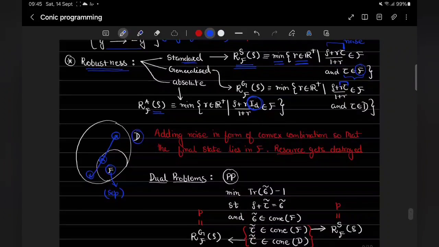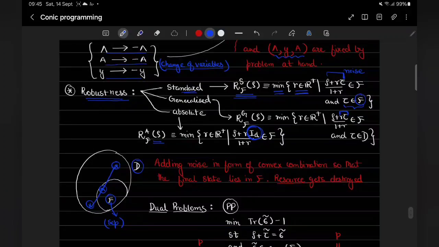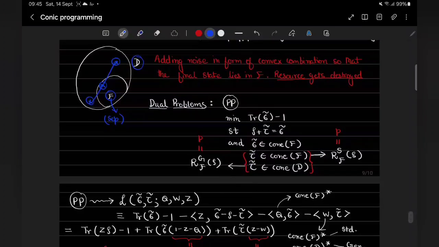The way to frame it is, we take this constraint, this convex combination, and we say that rho plus R tau, we call it a state which is unnormalized, and 1 plus R times a state in this free state set, we will again make it unnormalized. So basically we write rho plus R tau is equal to 1 plus R times sigma tilde. And now you can see this is not sigma tilde, sigma.